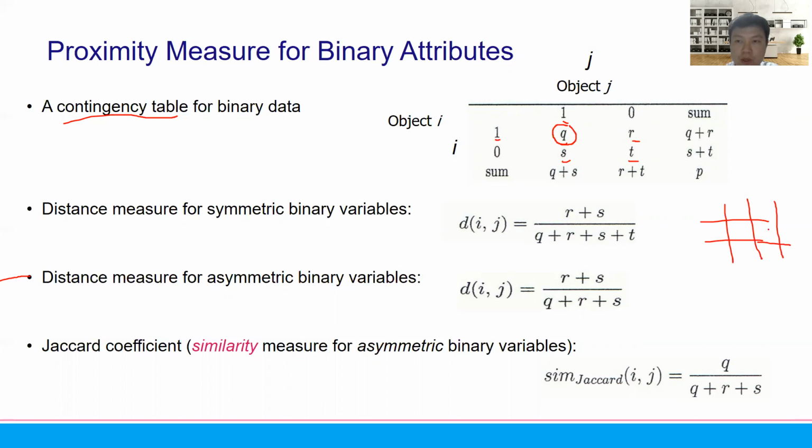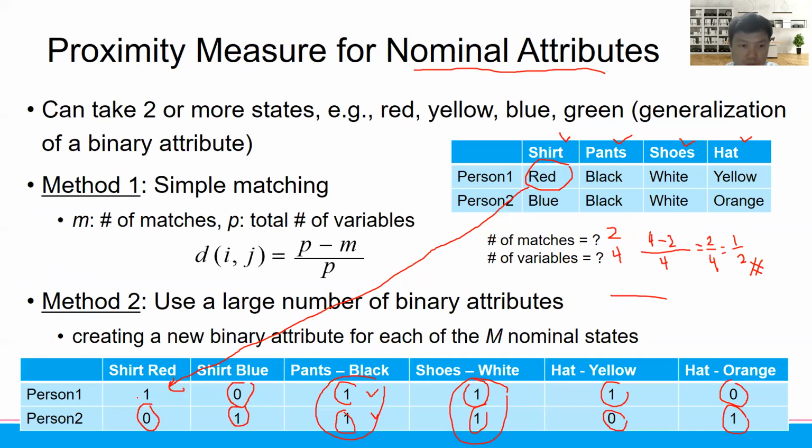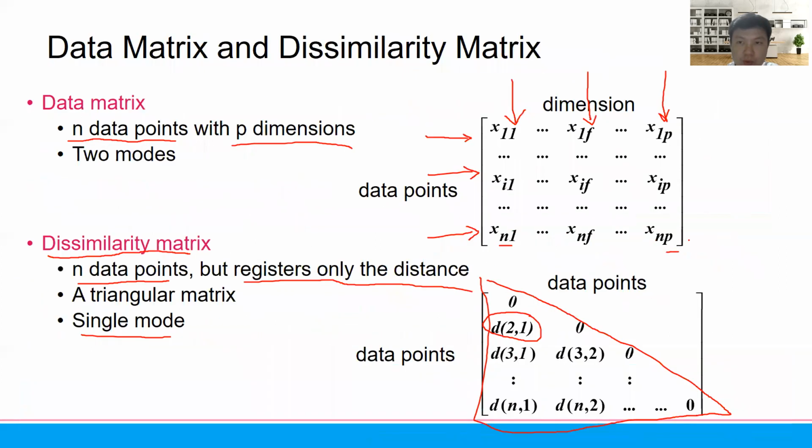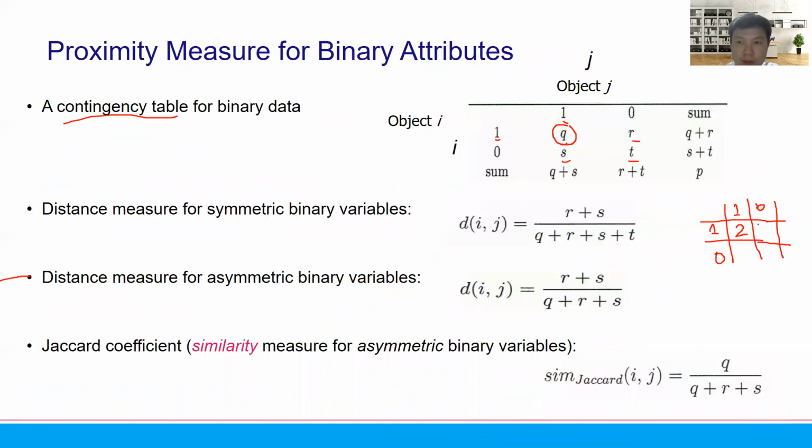So we can have 1 0 and also 1 0. For 1 and 1, there are 2. What about 1 0 and 0 1? For 1 0 1 0 there are 2, and for 0 1 0 1 there are 2. And this one is 0.